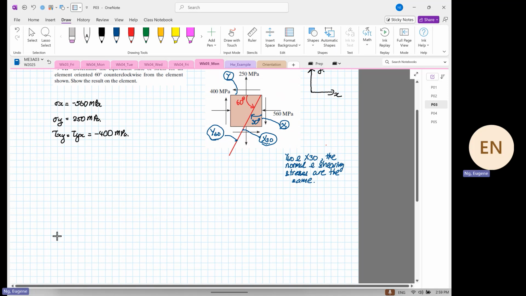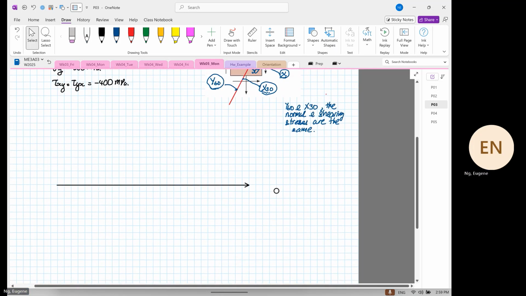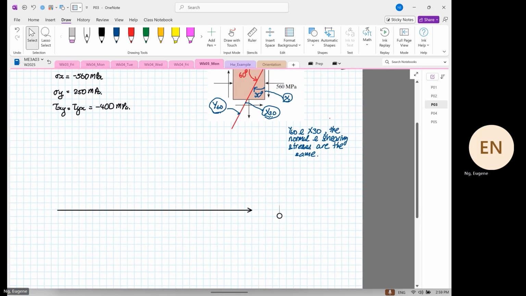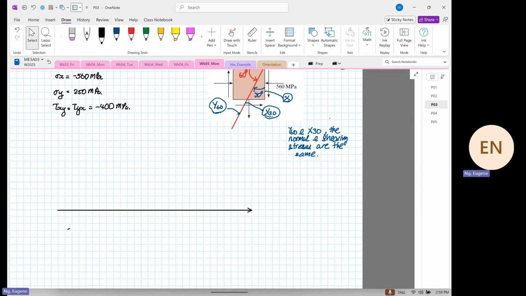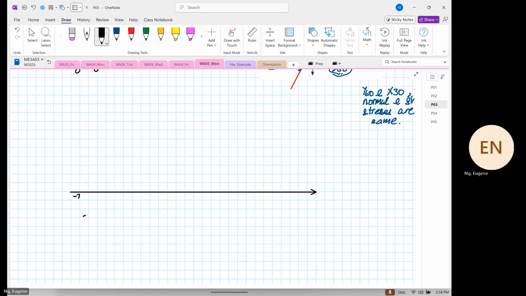So now we start sketching Mohr circle. As I said, I'm going to start from minus 200, then 100, 0, 100, 200, 300, 400, 500, 600.